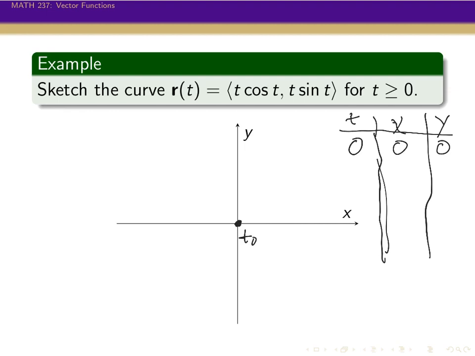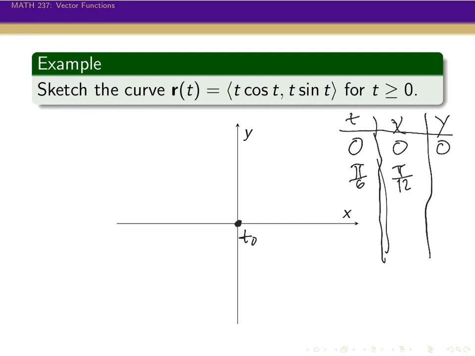Let's see, since we've got trig functions, let's have our next one be pi over 6. Right? So it would be pi over 6 times cosine of pi over 6. Well, cosine of pi over 6 is a half. And so that would be pi over 6 times a half, which would be pi over 12. And no, that's not right. Cosine of pi over 6 is not a half.